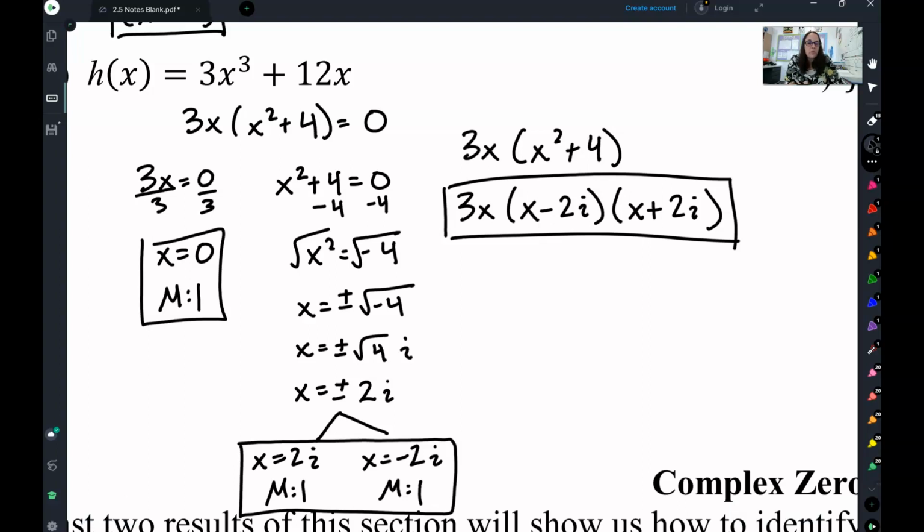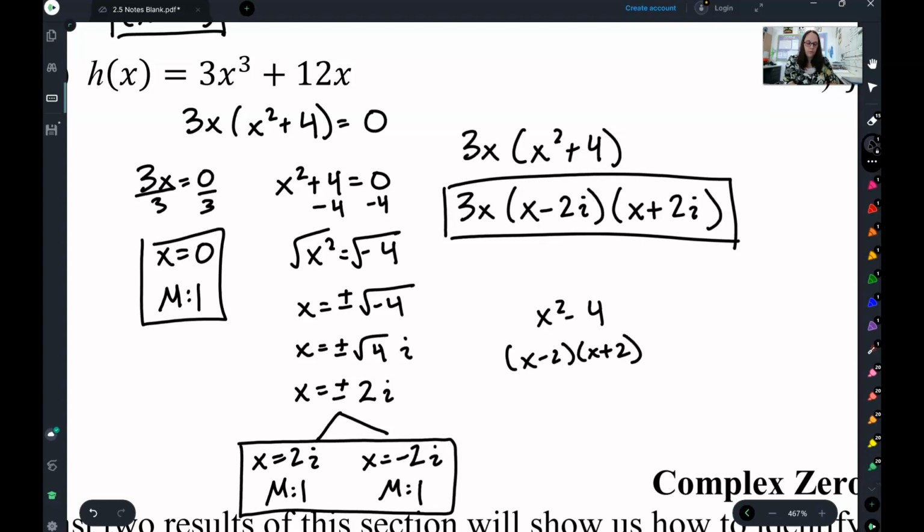So if you remember in 2.4 last lesson, we were talking about difference of squares. And we talked about how if it's a plus instead of a difference, we can still factor that, but it's with imaginary numbers. Well, here's how we do that. Difference of squares, so if this was x squared minus 4, would factor as (x minus 2)(x plus 2).